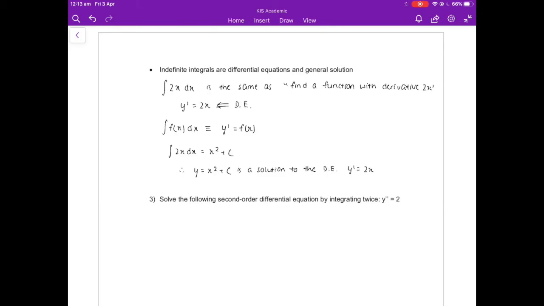And here we come to the second point, which is about the general solution. So the c is an arbitrary constant, so it can be anything, which means that this formula, this function that we've just written down, is in fact the general solution, because it is not specific, it does not specify what c, the constant, is.